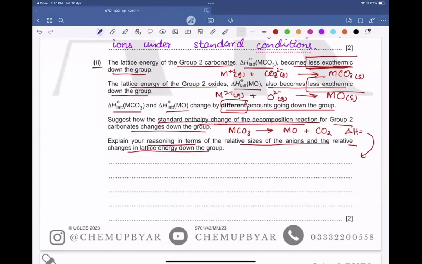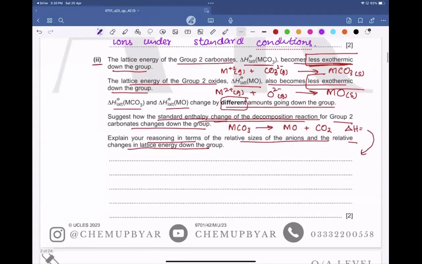So we are going to write that the enthalpy change of decomposition of metal carbonates gets more endothermic, right?